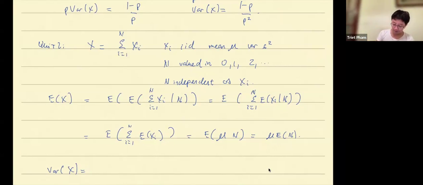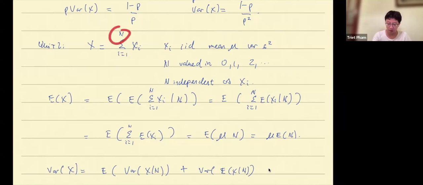So what do we have? Again, we have two terms: expectation of conditional variance plus variance of conditional expectation. Oh, but what is Y? Y is clearly N, the upper limit of the sum, and X is the sum itself.